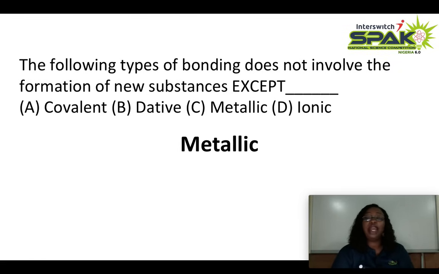And ionic is when you have a transfer of electrons, so for example sodium can transfer an electron to chlorine, and by the time the bonding forms, you have sodium chloride produced. So metallic bond is the only one that does not have a new substance produced.